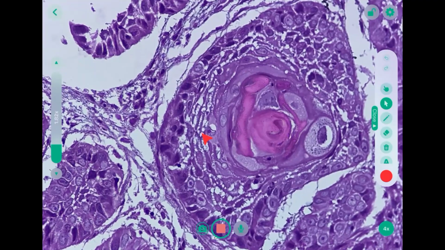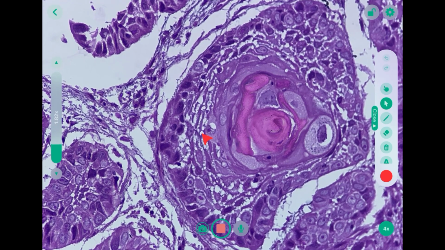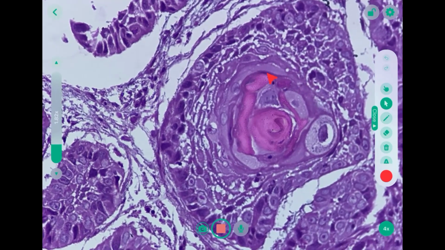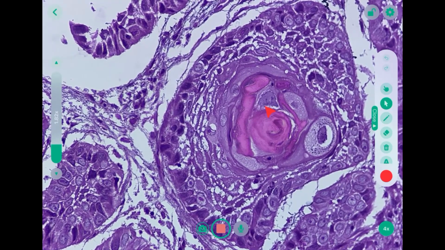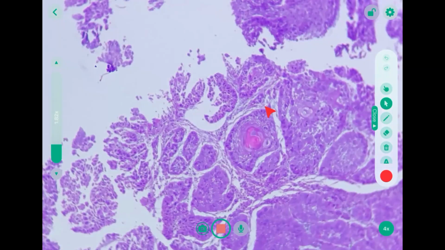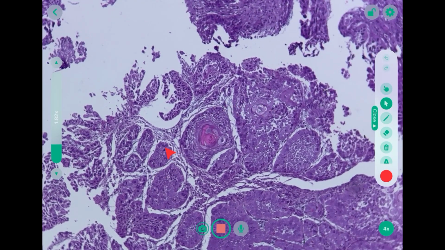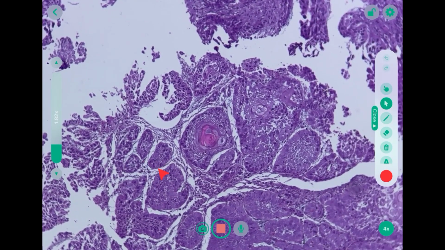These are beautiful keratin pearls, which are nothing but the eosinophilic cytoplasmic remnants of these epithelial cells. So this is one nest or lobule. In this there is one big acellular keratin pearl. There are a few keratin pearls, and mainly the pattern is nests and lobules.